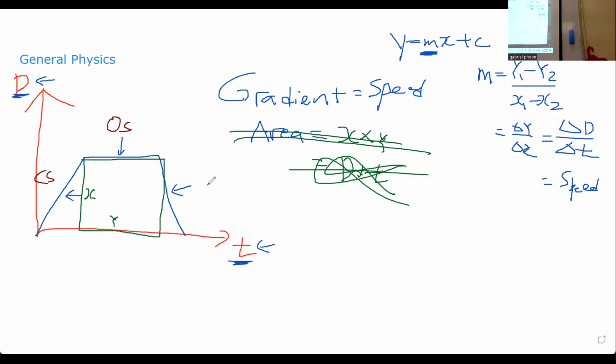No, there is definitely no such thing as negative speed. And because there is no such thing as negative speed, what does the negative gradient represent?